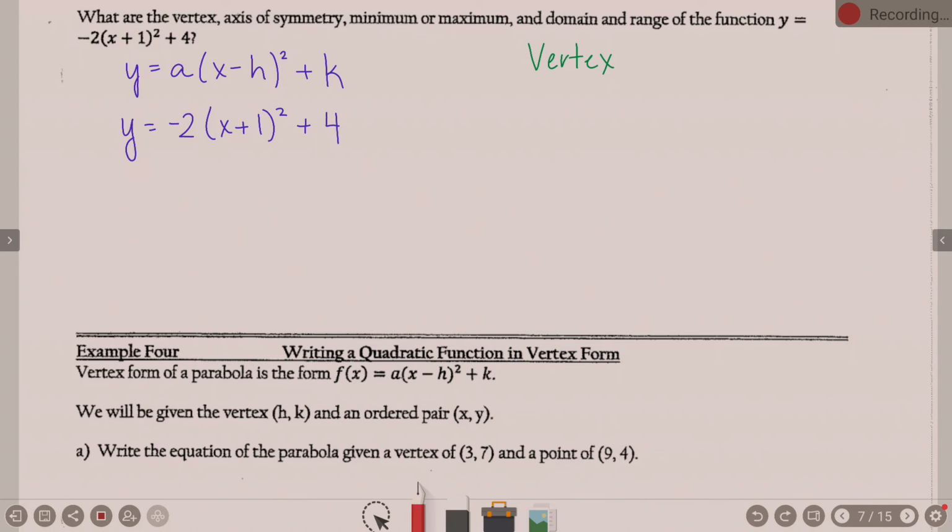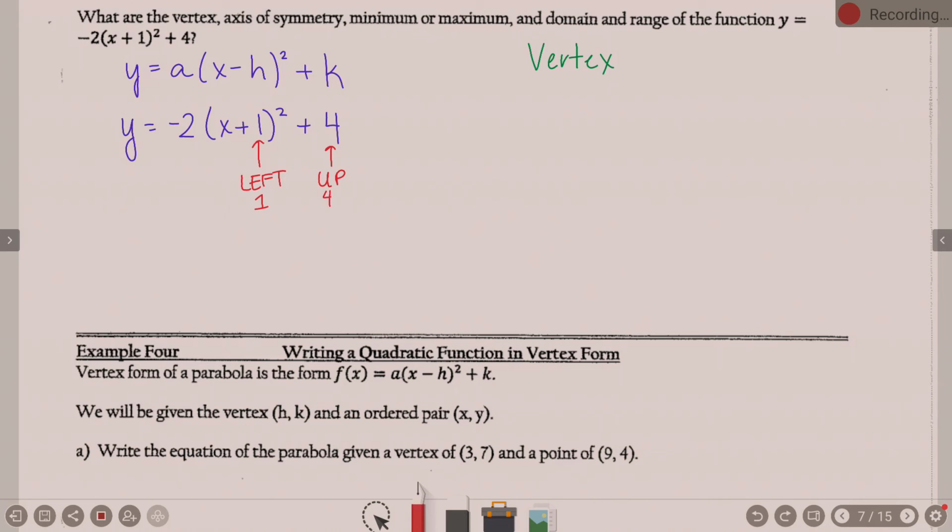Negative 1, 4. Yeah. You go opposite the h sign. Okay. So, and if we look at this, I would like to think it makes sense. Plus 1 in the parentheses tells me to go which direction? That tells me to go left 1. Plus 4 at the end tells me to go up 4.